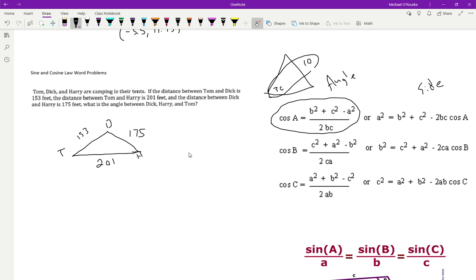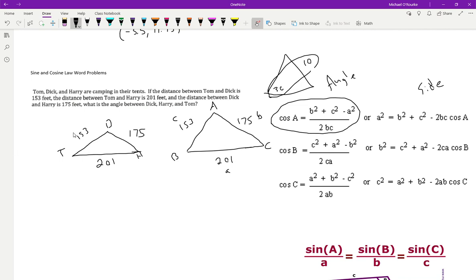If this makes me feel better, I could make my triangle over again, do 175, 153, 201, and just label these A, B, C. So this is side C, this is side B, and this is side A. And then I could find my angle that way.